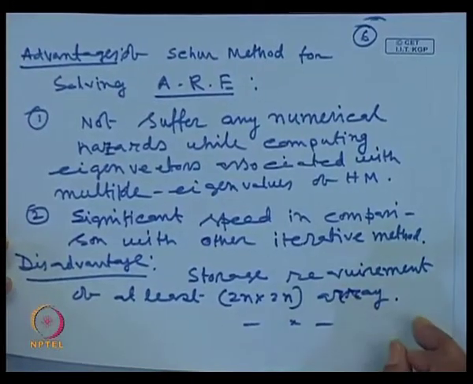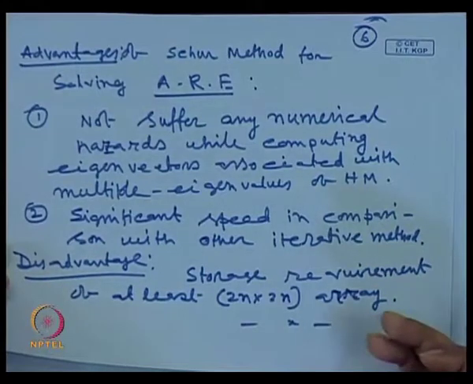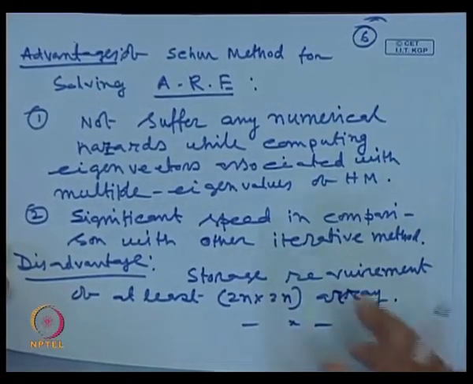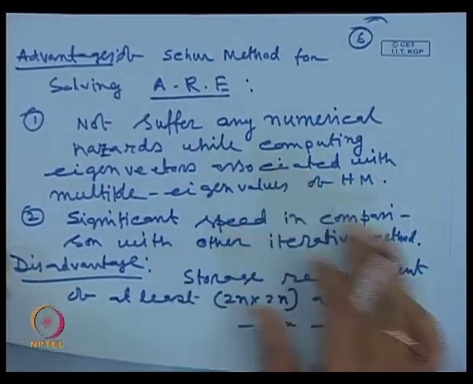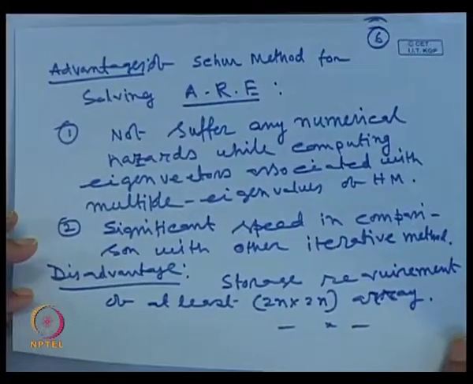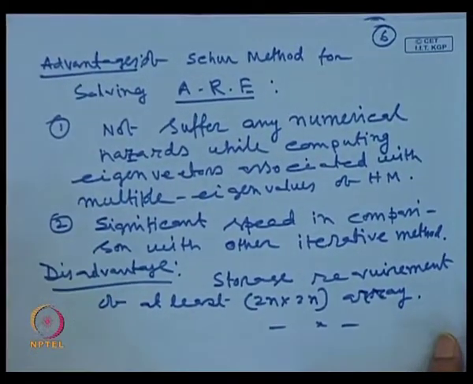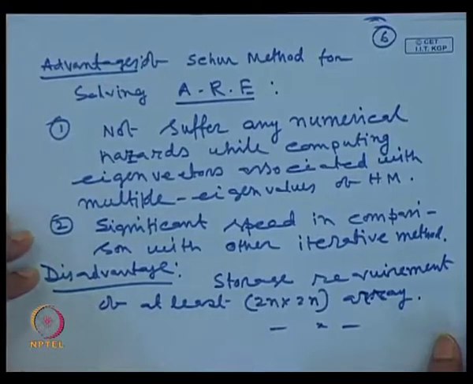This will create problems if you use the standard eigenvalue eigenvector method. So, this technique, that is the QR decomposition technique, will avoid such problems when you have multiple eigenvalues of a system matrix.